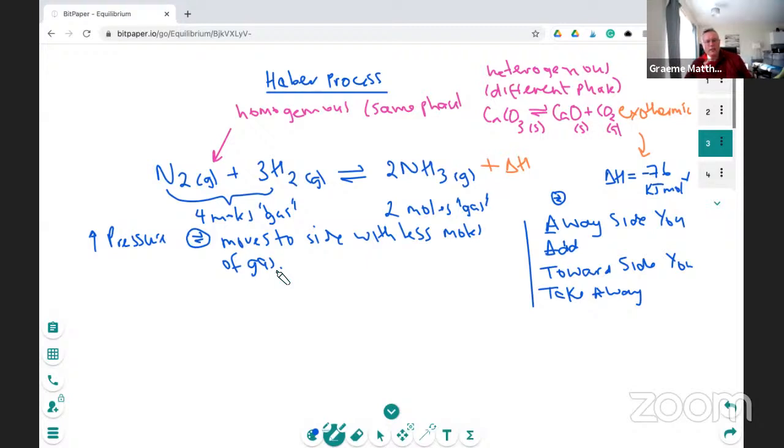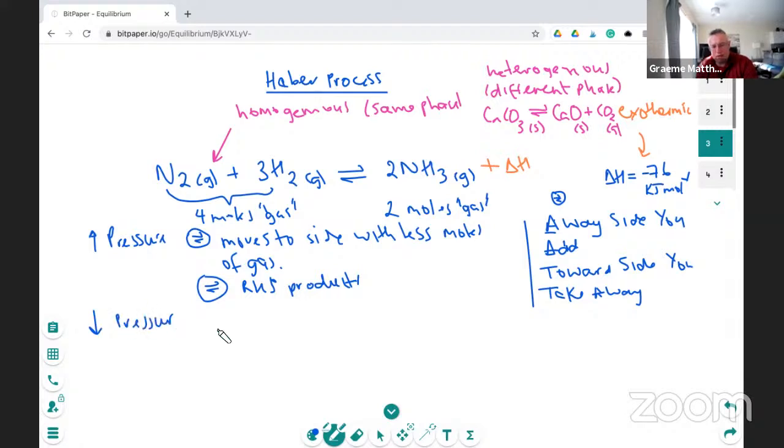So you're thinking, yes, if I've got 4 moles of gas on the left and 2 moles of gas on the right, my equilibrium position is going to move to the right-hand side. So you write down: the equilibrium position moves to the right-hand side, the products. They like to ask about the pressure. Obviously, if I decrease the pressure, it would move in the other direction.